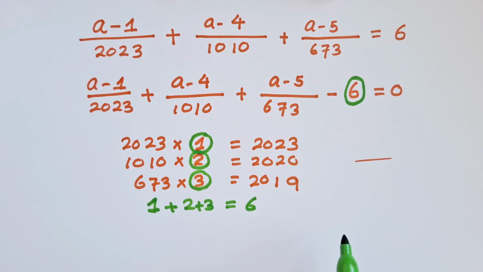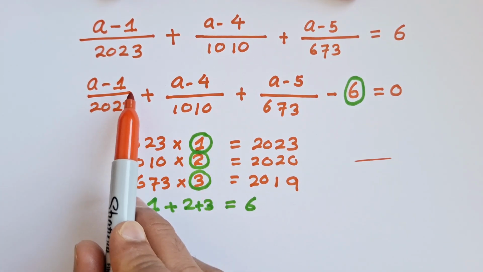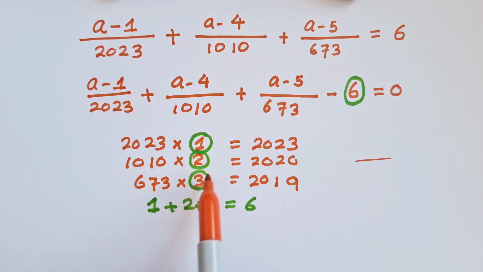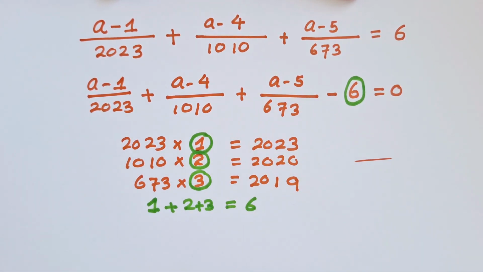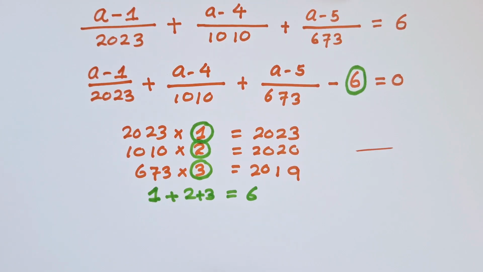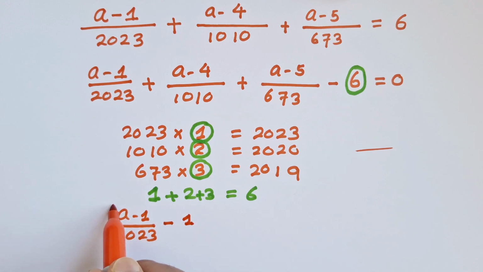Now I'm going to split this 6 into 3 groups, 1, 2, and 3. Then I'm going to add those 1, 2, and 3 into those fractions separately. So in the next step, I will have a minus 1 divided by 2023. I'm going to give minus 1 here because we have minus 6 in the original problem.